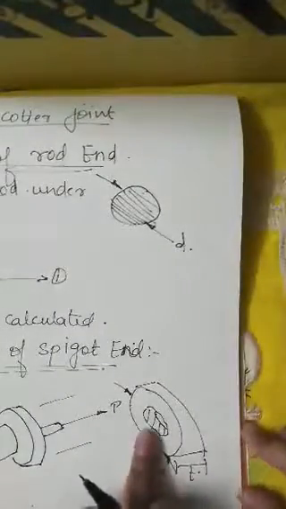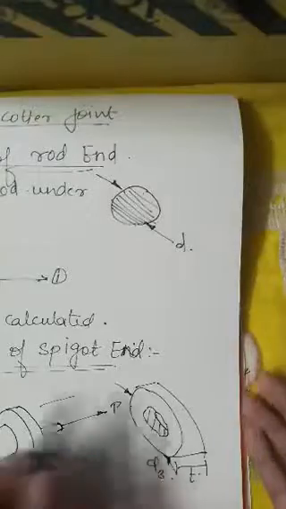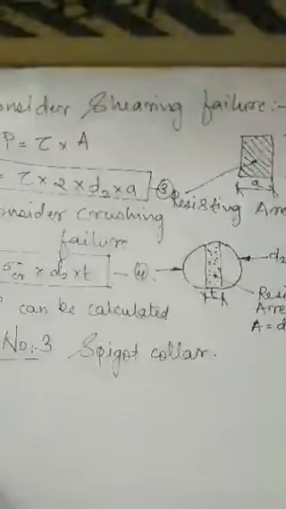This will come out due to compression or maybe due to tension. We will get a ring. So the design of the spigot collar is also very important.